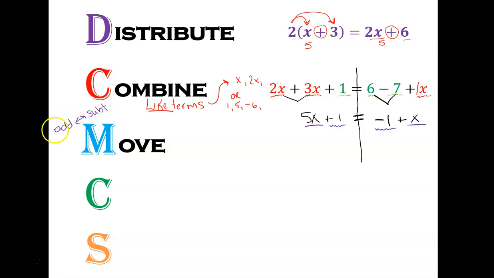Okay, those two undo each other. If there's a multiply, we're going to do a divide. Those two undo each other. And there are tons of opposite operations in math, but for us right now, those are pretty much going to be the two that we see. Add and subtract, multiply and divide. Okay. So if we want to move something, we're always going to use opposite operation.